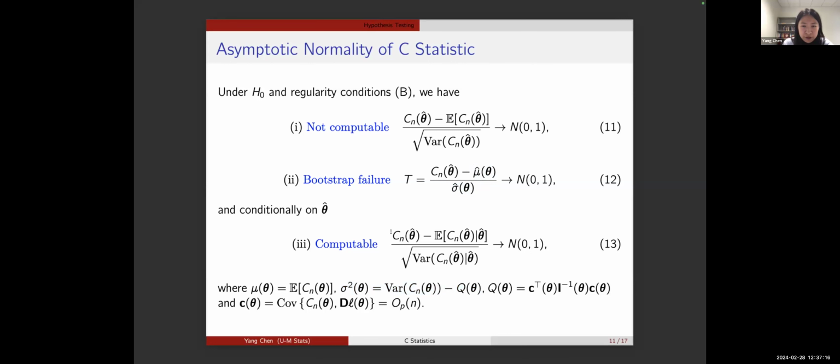Then finally, the version that we want to propose is this computable version: conditioning on the maximum likelihood estimate of the parameters, what is the mean and what is the variance of the C statistics as the number of bins goes to infinity. This is well justified based on large sample asymptotics and higher order expansions, and it has a normal distribution, so we can derive a really simple Z-test based on the formulas that we derive.